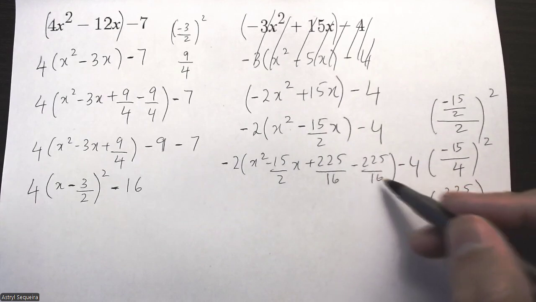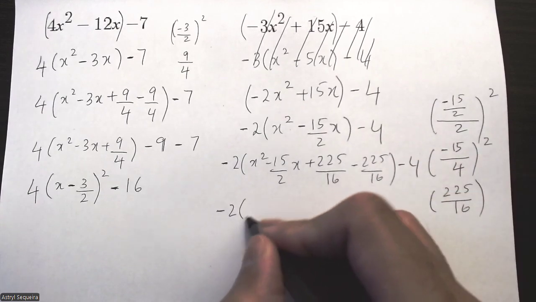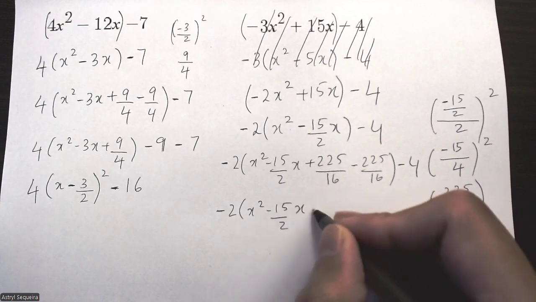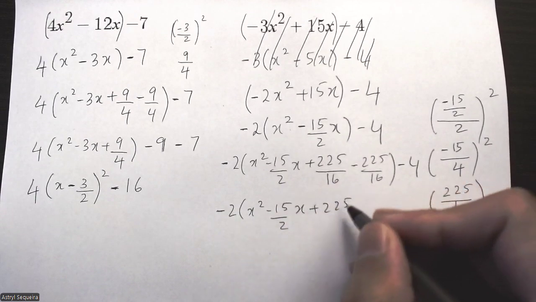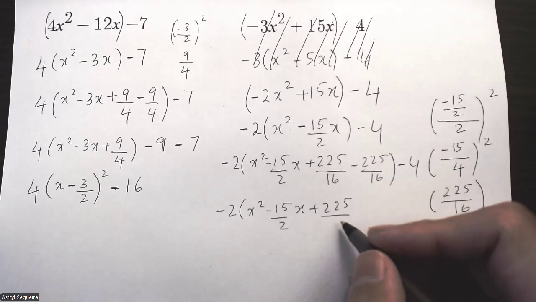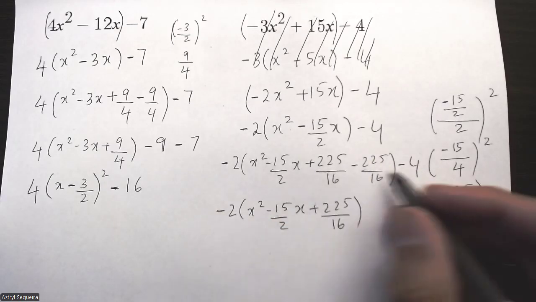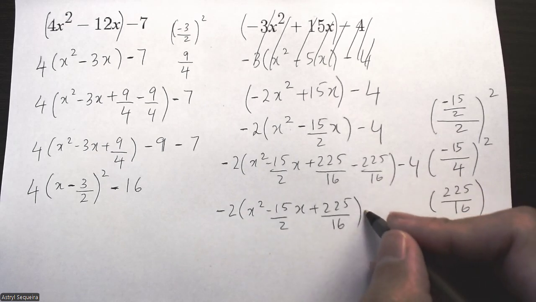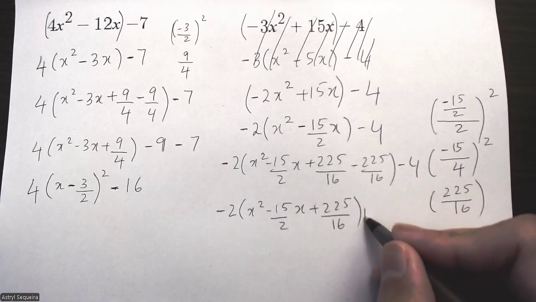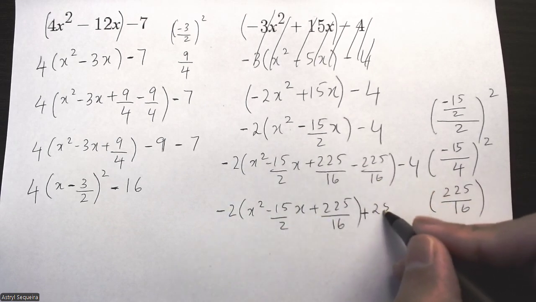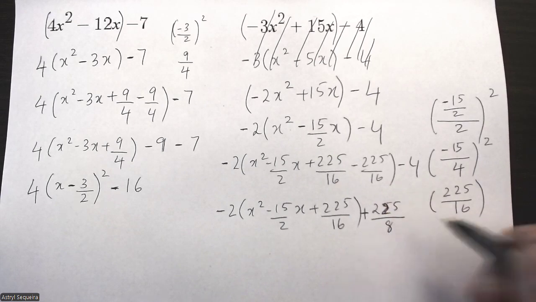Now I want to take the negative number outside and multiply it by the front. So negative 225 over 16 times negative 2, negative and negative will become positive, and this 2 and this 16 will cancel to make it just an 8.